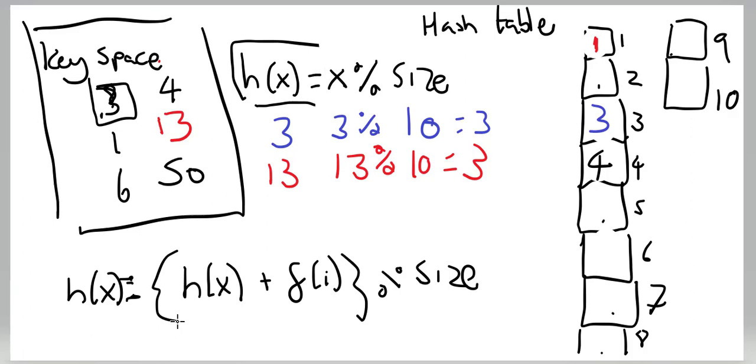The i will basically start at 0, and it'll increment like an i in a for loop. So let's take this beautiful example again. I've done 3, I've done 1, I've done 6, I've mapped it. I've also added 4. We're now doing 13. So h(x) mod size, uh-oh, collision.